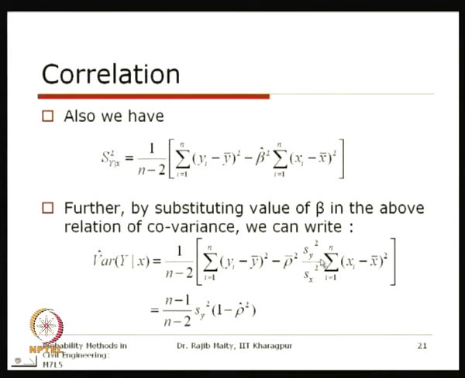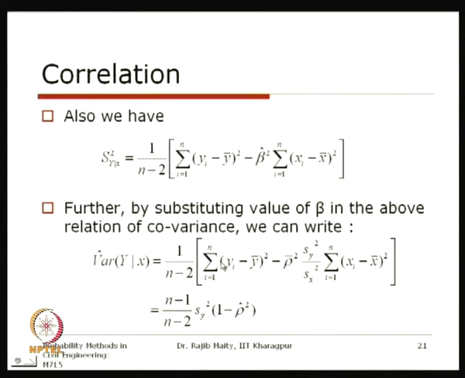These are the variance of y and the variance of x. Expressing this, we get n minus 1 divided by n minus 2, s_y square into 1 minus rho hat square.